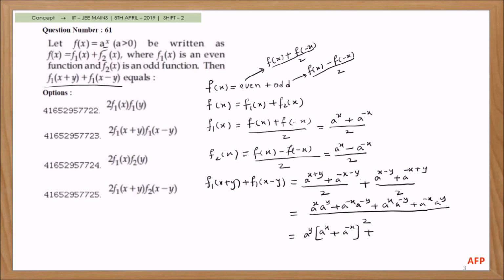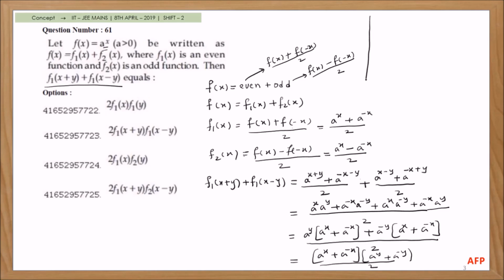In the next case a^(−y) is common: a^(−y)(a^x + a^(−x)), whole divided by 2. Taking a^x + a^(−x) common, one part we got. Next, (a^y + a^(−y))/2 we got.